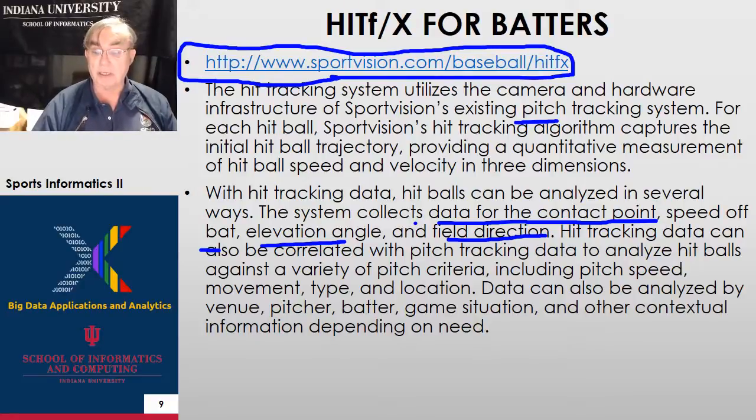And so you can then do, we went through this analysis of Vince Gennaro of pitchers versus batters. This is the type of data that can make that analysis much more precise. And we've already discussed how venue, pitcher, batter, game situation, whether you're just about to get, you're desperate to get into the playoffs or desperate to win the World Series. All of that can be combined with this data to make decisions which are worth, as we pointed out, $5 million a win. Pretty good numbers.